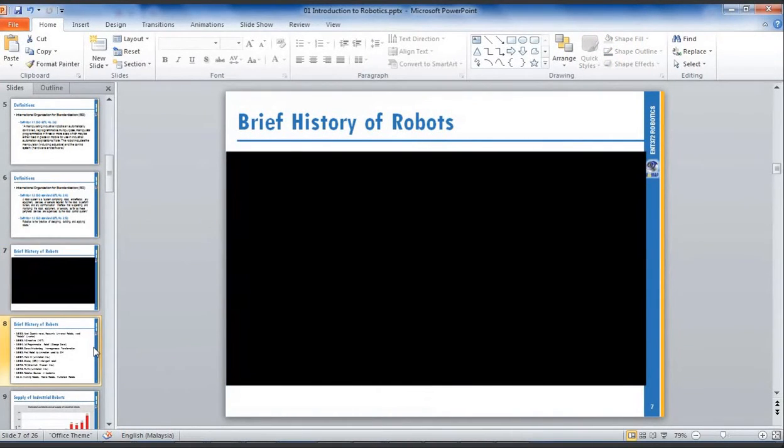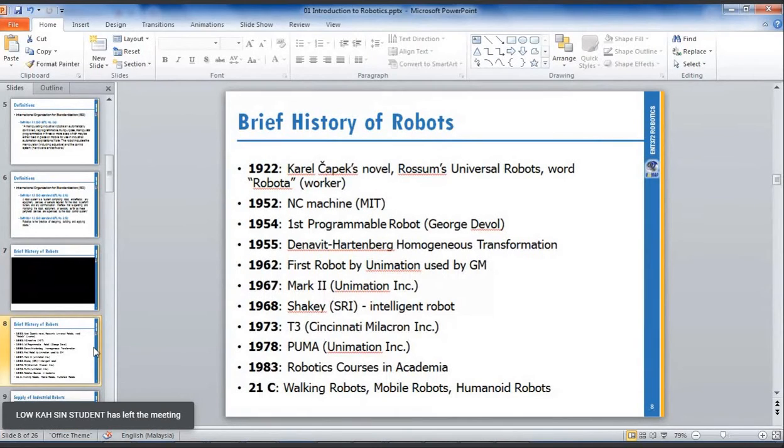So robots are improving. What you call the brain of the robot is using an AI, artificial intelligence system.